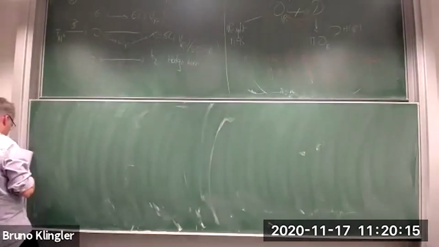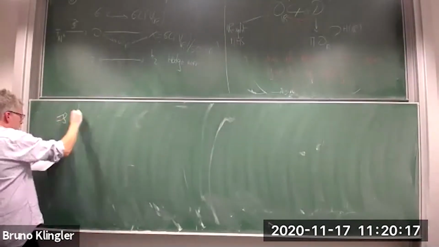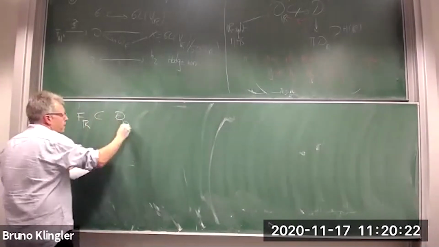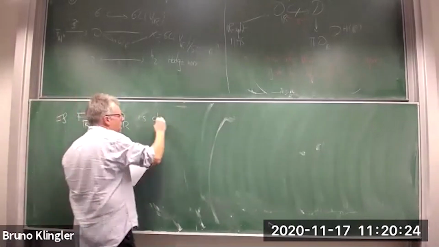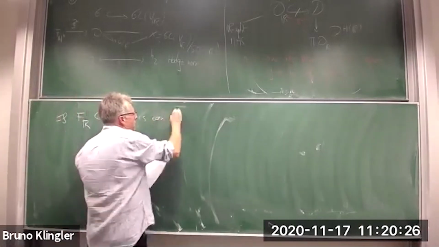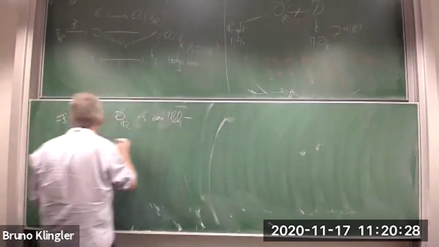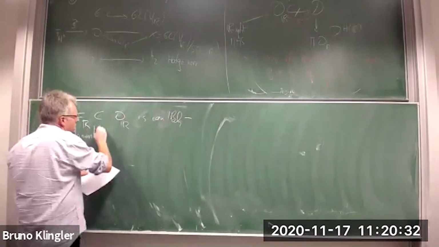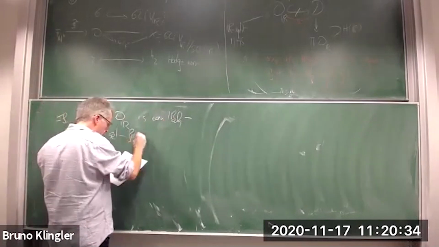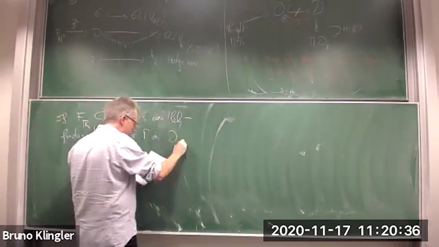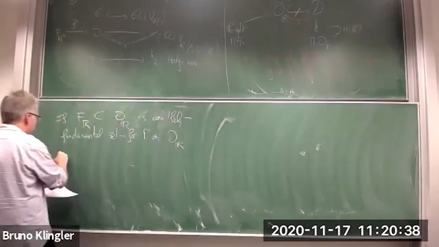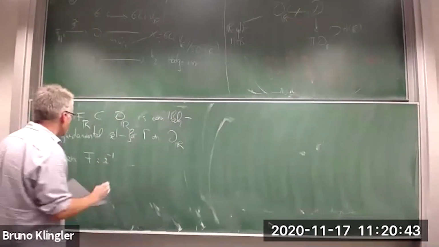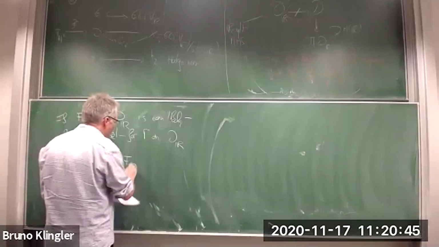So if F_R inside D_R is a definable fundamental set for gamma on D_R, then F, defined as being the image under this retraction of F_R, will also be.